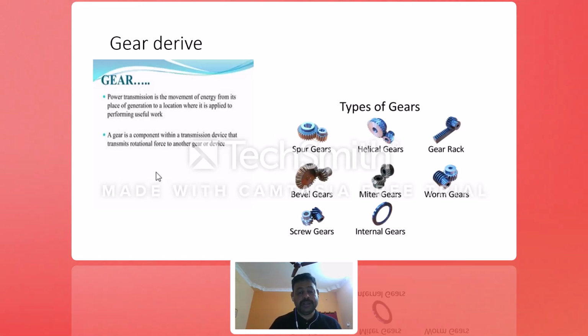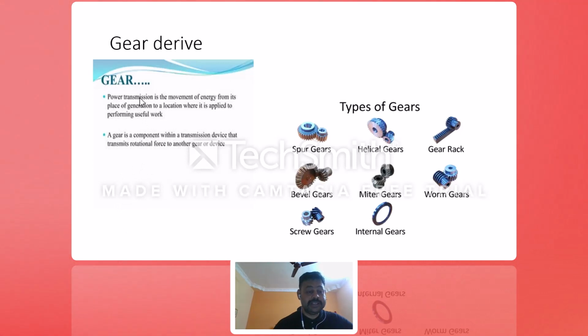You can't. For example, if you put first gear, you will get more power and you will ride. Second gear, third gear will help you to go somewhat faster. Here you have N2 by N1 equal to D1 by D2. That means as diameter reduces, RPM will increase. So this is the basic concept.